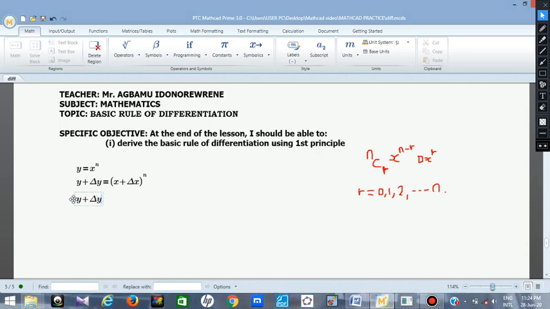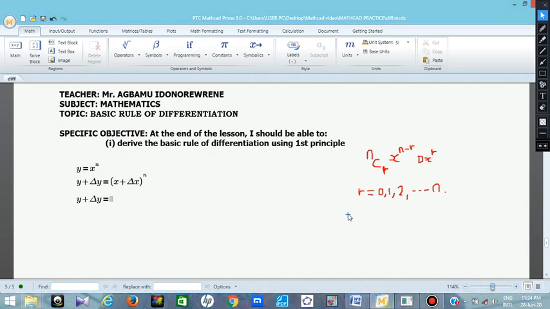delta y will now be equal to, so when we expand this, the first term, n combination 0, is the first term. You already know that n combination 0 is going to be n factorial divided by r factorial, which is 0 factorial. Let me just type it so that you see it well.